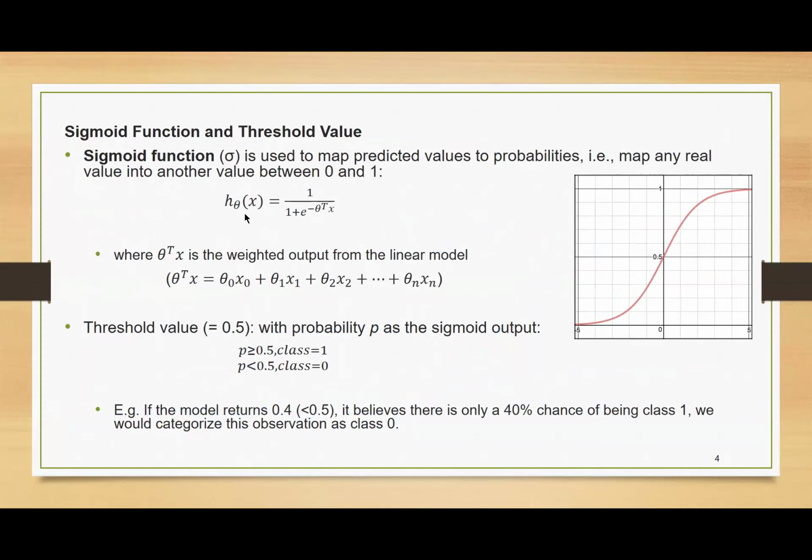Okay, so then let's talk about the sigmoid function. It's called an activation function. There are various activation functions in machine learning, and this is one of them. Different activation functions are used in different cases, okay? We are going to talk about other activation functions, but today we are going to talk about the sigmoid function first.